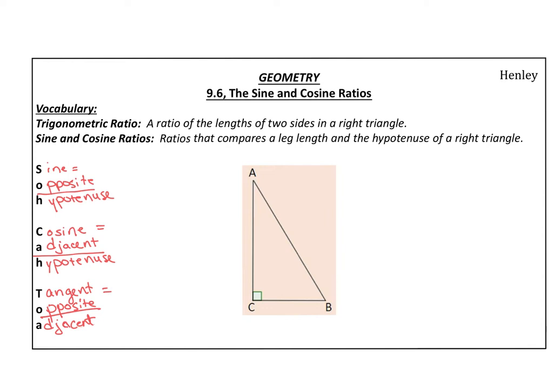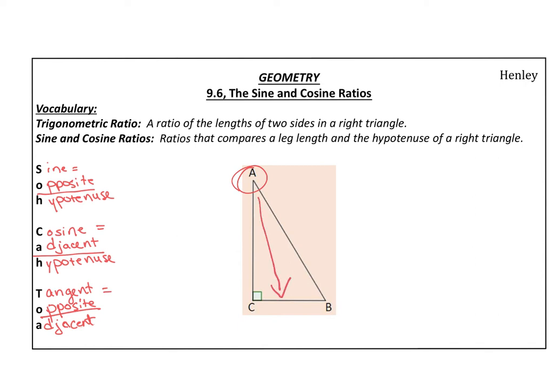When you look at your triangle and you're being asked to determine sine, cosine, or tangent, the first thing you want to do is circle your angle. Then look at what information you have.